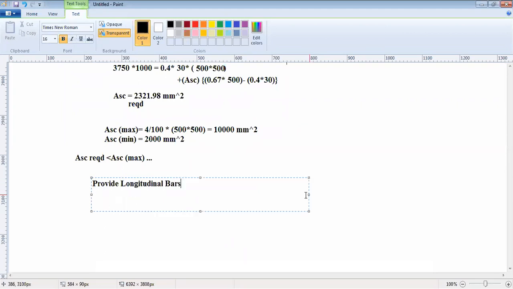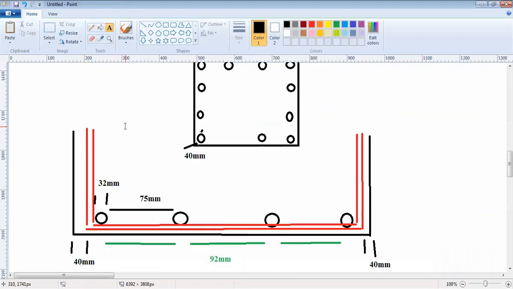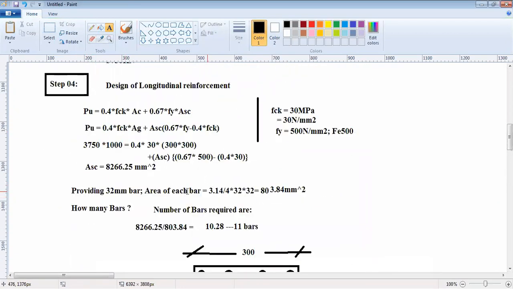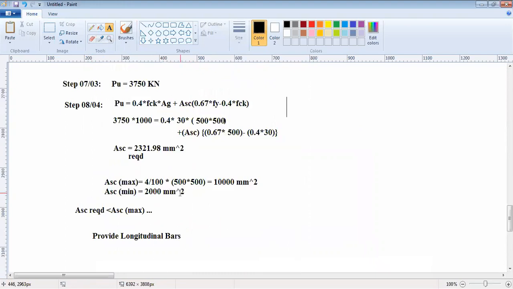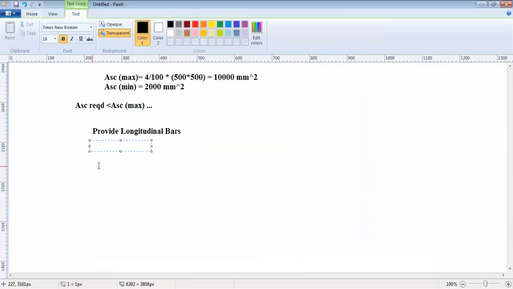Now if we again go with 32 mm, that would mean one bar would be 803, so you usually will get 3 bars. Providing 3 bars in a column is not good, so we'll go for a lesser size. Let's provide 28 mm bar, or let's provide 25 mm bar.